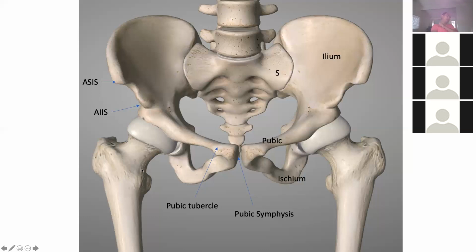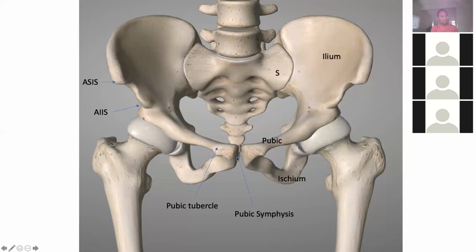So I want you to understand this pelvic anatomy, and I believe you do. Anterior superior iliac spine, anterior inferior iliac spine. You can easily feel your anterior superior iliac spine. It will be very difficult to feel the anterior inferior iliac spine. You can feel the iliac crest, and that is the ilium.